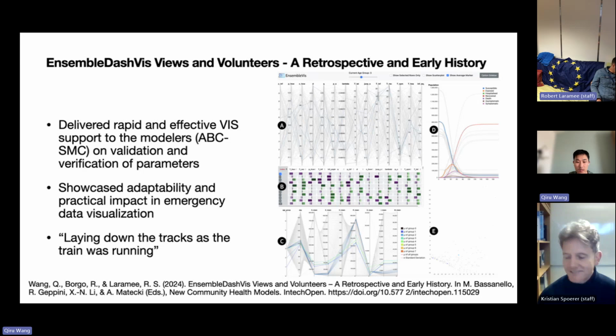But if there's another emergency like COVID happening again, then I would say we are already better prepared, because from my perspective, I already know how modelers work. If they are still using this Bayesian computation model, I already know their workflow. It's basically generate a list of parameters and just keep it running until they see something really useful. But their way of using a synthetic data set is like throwing a dice.